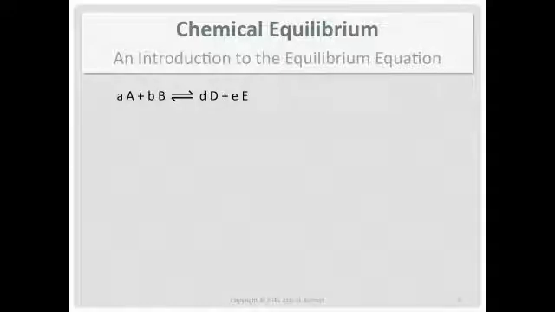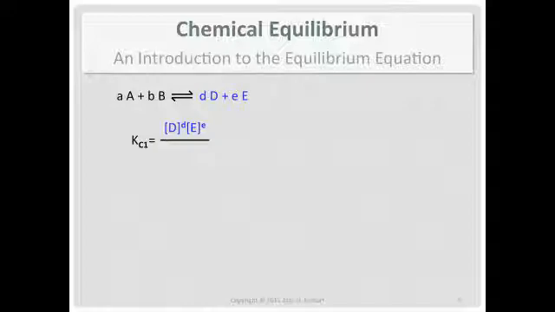Let's see about some mathematical manipulations we can do with these. So here's some reaction. A and B reacting to make D and E. I'm going to use concentrations, and I've got a 1 in there just because I'm going to do something else with this in a moment. So when you write it, you take the products, they go in the numerator, and raise to the power of the coefficient.